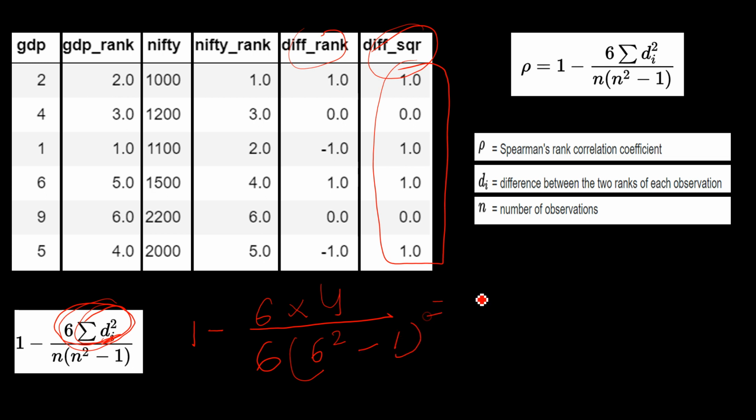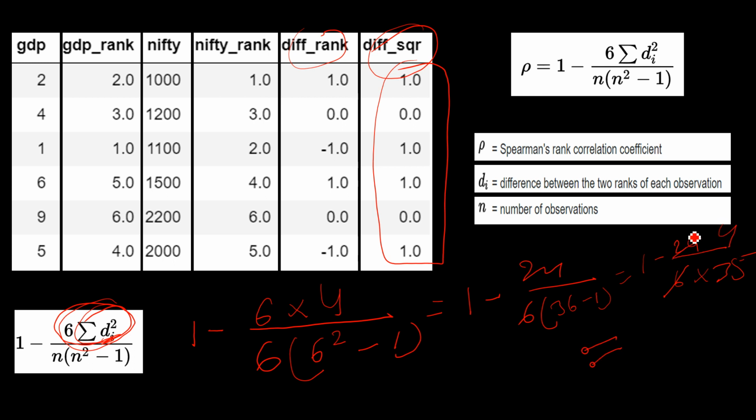So what we get over here is 1 minus 24 divided by 6 into 36 minus 1, which is 1 minus again 24 divided by 6 into 35. All right, and if you solve all these things, you're going to get the value 0.88.